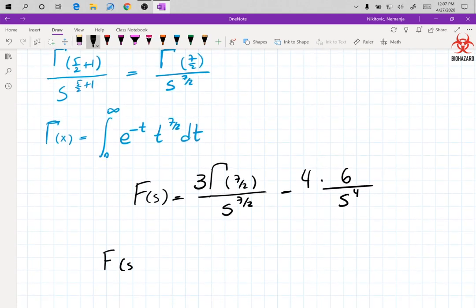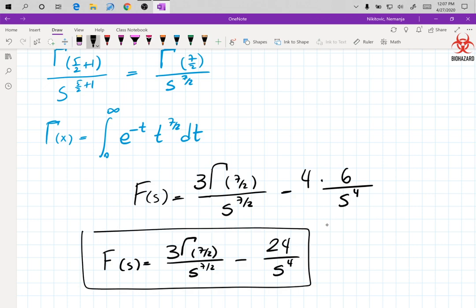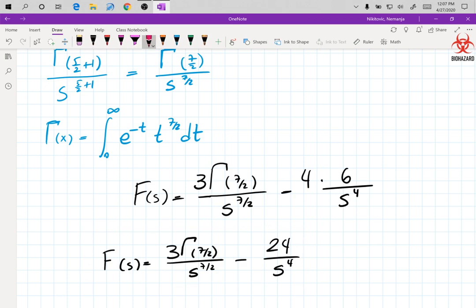So the answer that we are providing is 3 gamma function of 7/2 divided by s to the 7/2 minus 24 over s to the 4th. So that will be the answer.